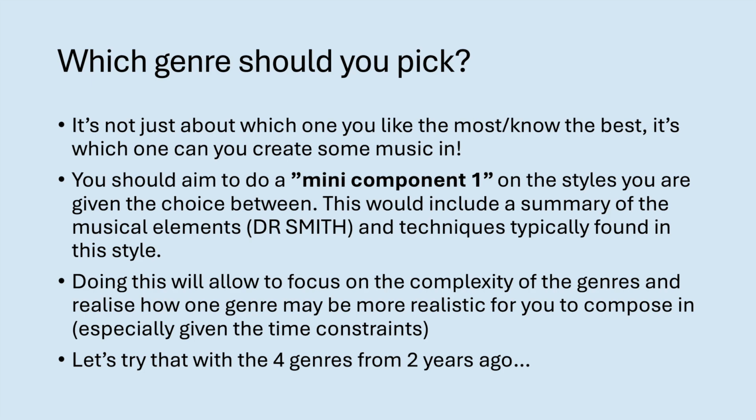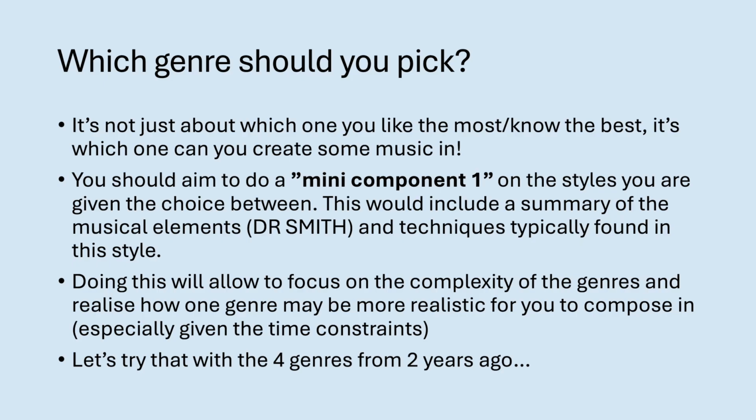Now, the way I've thought about organizing my thoughts on which genre would be best for me would be by doing a mini component 1. What I mean by that is during your pre-planning time, you can essentially do a quick summary of those 4 genres.